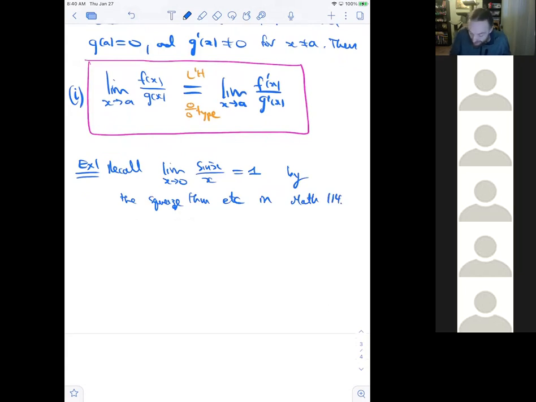But now all I have to do, now we have sine of 0 equals 0 and x equals 0. So does that tell us we have 0 over 0 type?